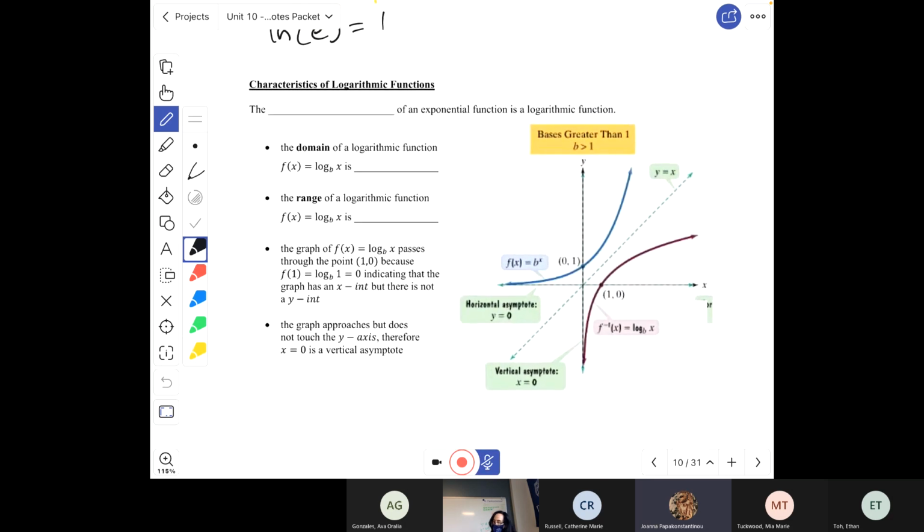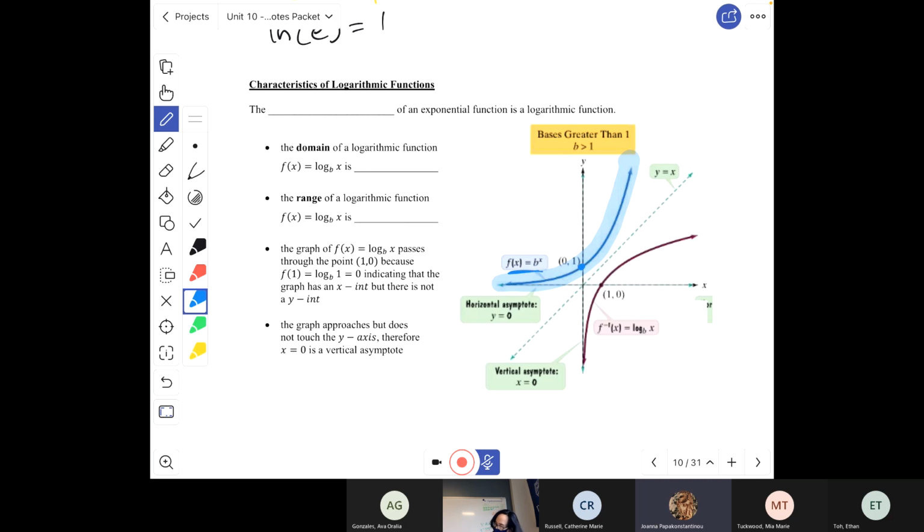Now, we're talking about this relationship between logarithms, logarithmic form, and exponents, exponential form, because there is a beautiful relationship among the two families of functions. If I look at an exponential growth function, again, the parent we know goes through 0, 1.